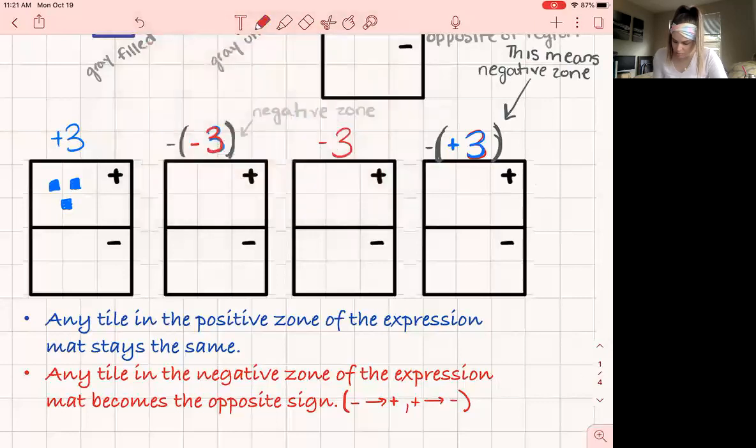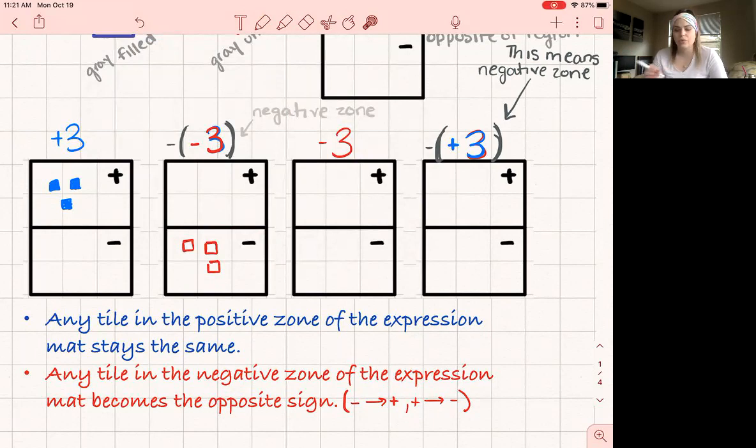So if I'm putting it in the opposite zone, it says to put 3 red tiles. If that's the opposite zone and I'm putting negative tiles in it, everything inside it becomes a negative. So those are no longer 3 negative tiles. That's actually 3 positives, because anything that is put down here becomes the opposite of what it says it is. If the picture says it's negative, but it's down here, it's actually positive.